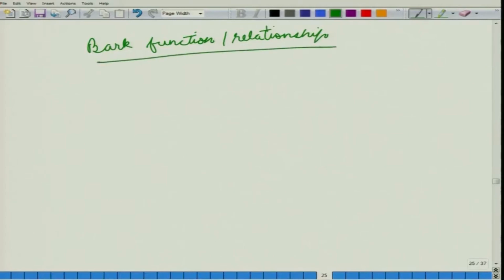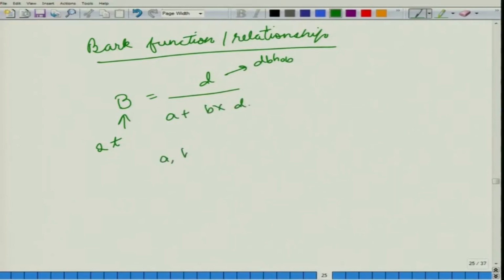Now, in the case of a bark function or relationship, it is given by a generalized equation where B, which is twice the bark thickness, is equal to D, which is your dBH over bark, divided by A plus B times D, where A and B are constants given by regression parameters.